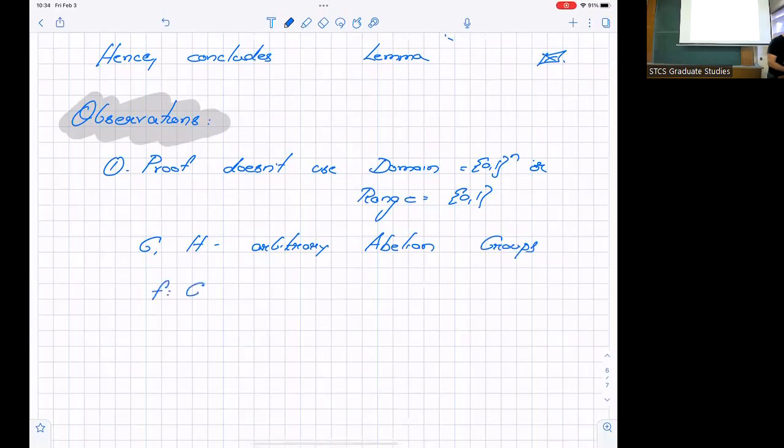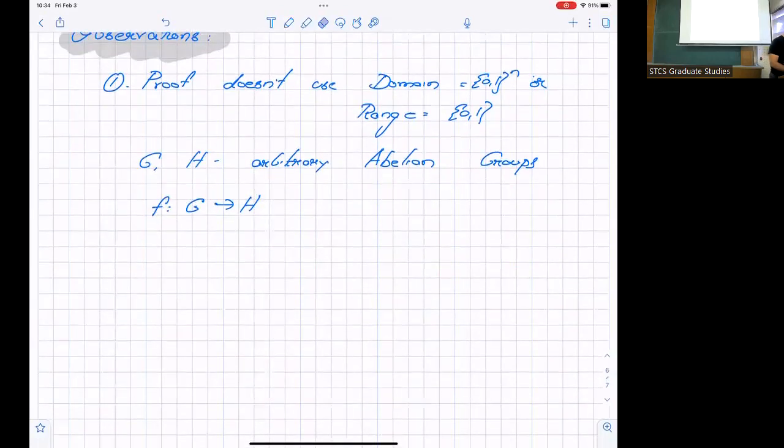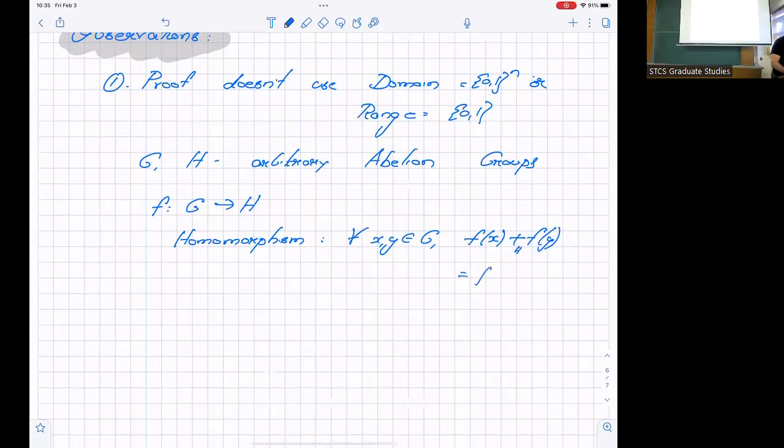F is some function from G to H, and we call such a function a homomorphism if for all x, y in G, f of x plus f of y, where this plus is happening in the group H, is equal to f of x plus y, where this plus is happening in the group G. By the way, this is a homomorphism even for non-abelian groups in the definition of homomorphism, but in various places in the proofs we have used abelianness.